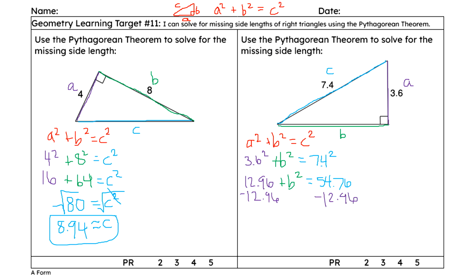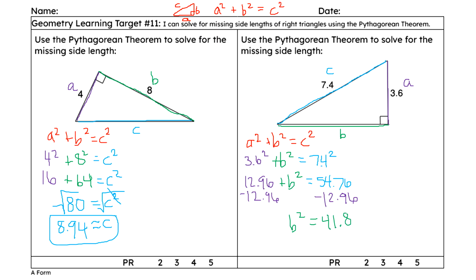All right, calculator's helping me out here again. 54.76 subtracting 12.96, 41.8. Okay, so my B squared is going to be equal to 41.8.